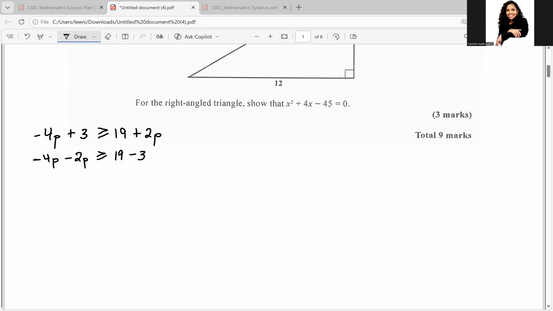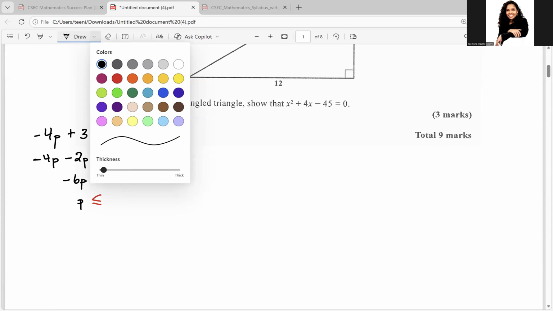So this will be minus 4p minus 2p, which gives me minus 6p. And that is greater than or equal to 19 take away 3, which is 16. And therefore p, so this is the part, right? I'm going to have to divide by negative 6. So this inequality sign will reverse. So it will become less than or equal to instead.